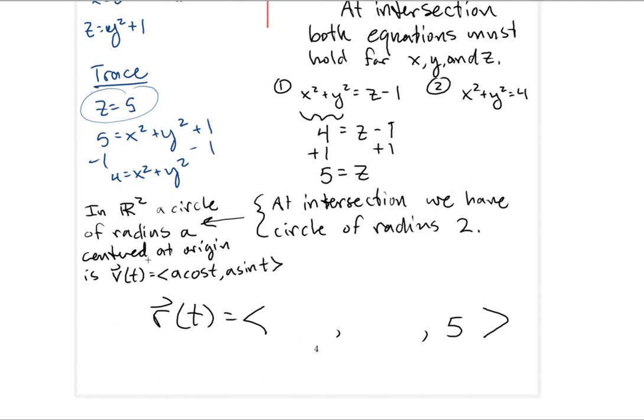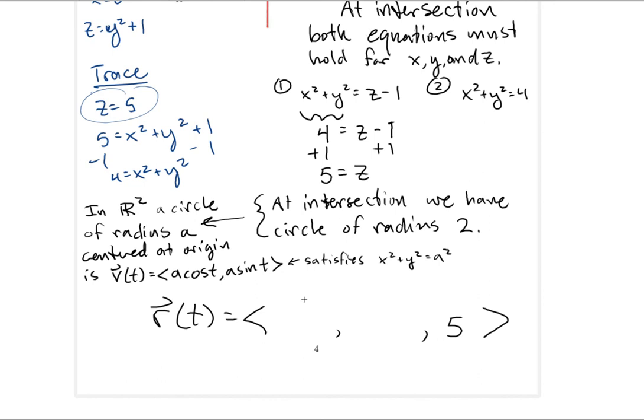All right, and you can prove that to yourself by showing that it satisfies, just like in the last problem, x squared plus y squared equals a squared. If you plug these in for x and y, you get a squared.